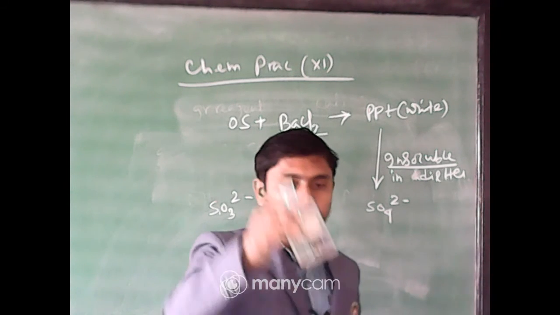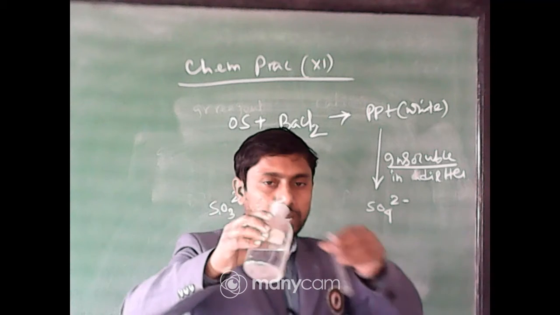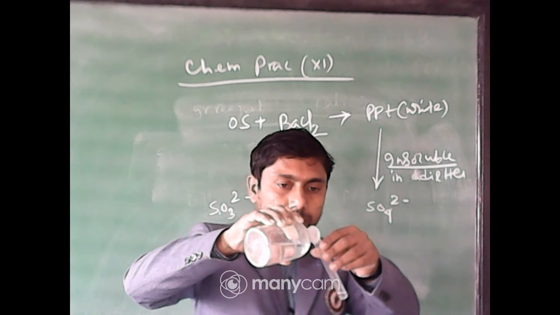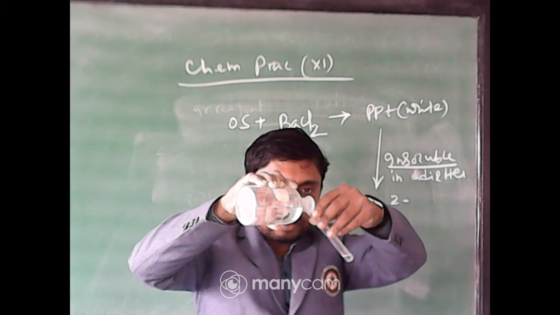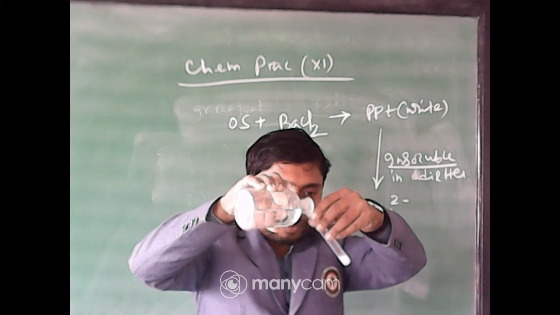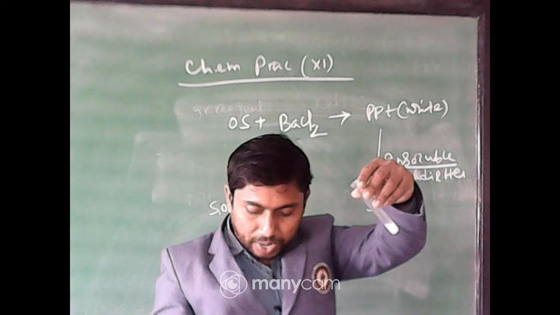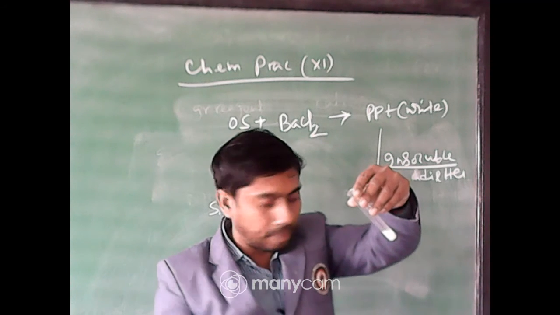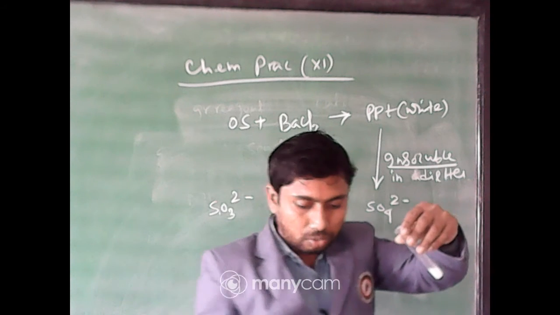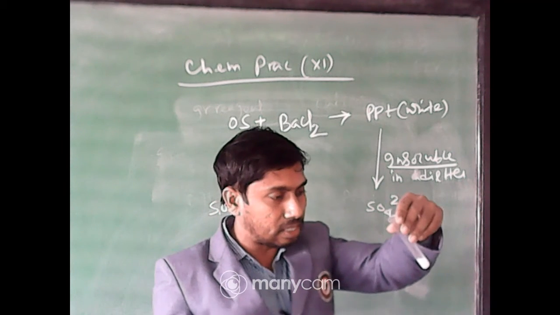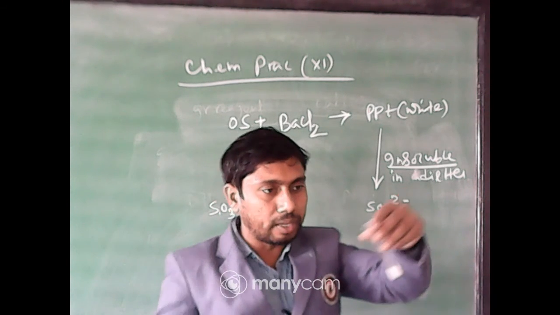This is barium chloride, it is also transparent, barium chloride is water soluble. Now, you will look at the solution portion. Okay. Can you find a heavy white PPT comes? Later on we will add here dilute HCl, to see whether it is dissolving or not.